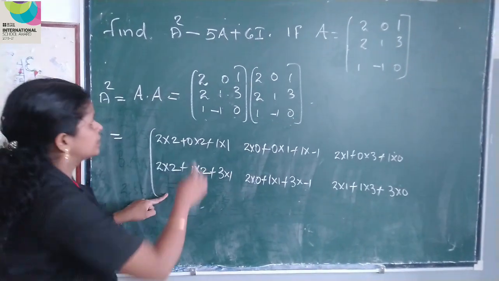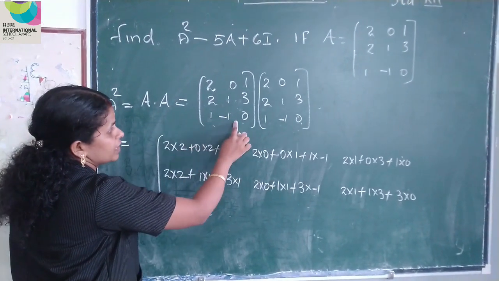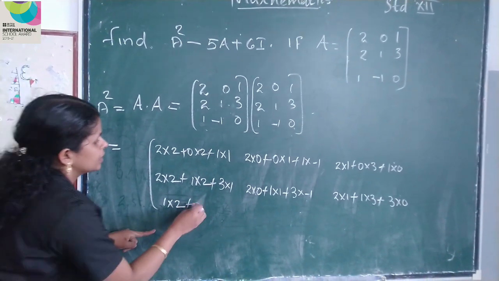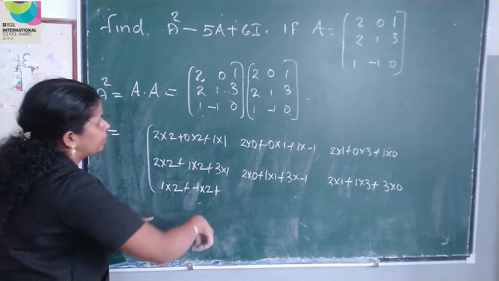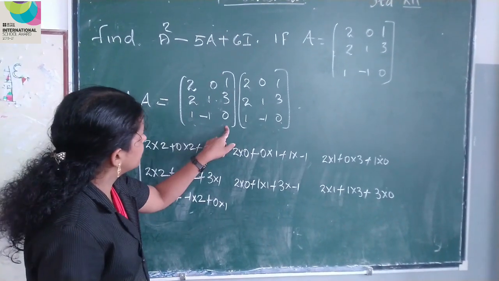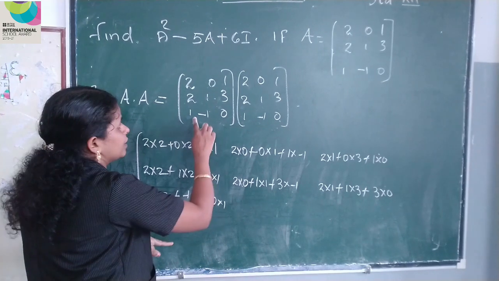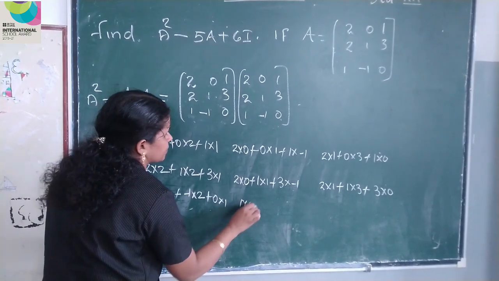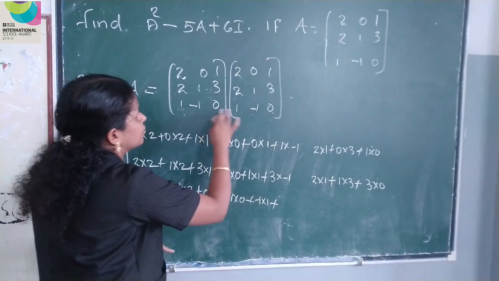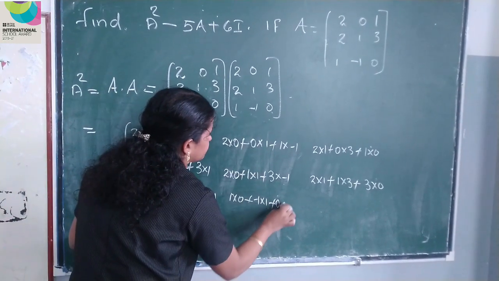The next, third row. That means third row into first column: 1 into 2, plus minus 1 into 2, plus 0 into 1. Then third row into second column: 1 into 0, plus minus 1 into 1, plus 0 into minus 1.